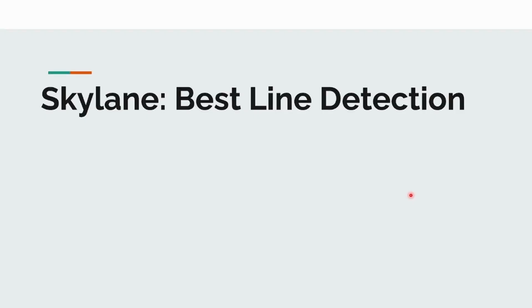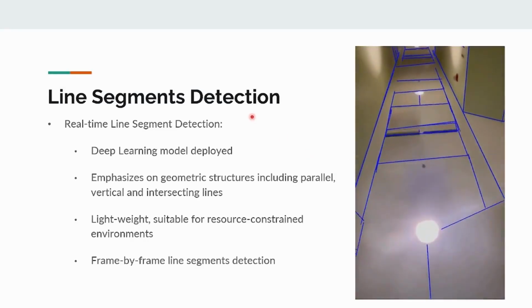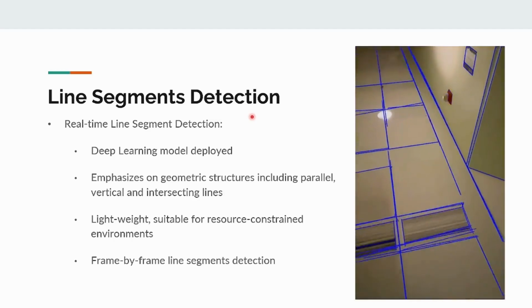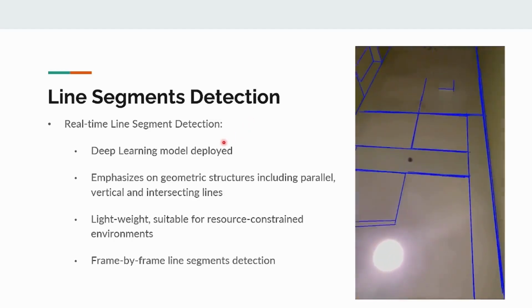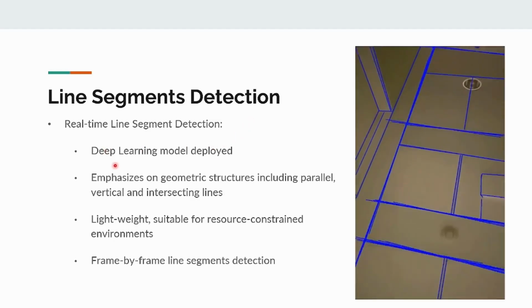Representative line from detected segments to serve as a reliable reference for detecting the drift of the wheelchair. The first is the line segment detection. To detect the line segments above the wheelchair, we deploy a pre-trained line segment detection deep learning model.